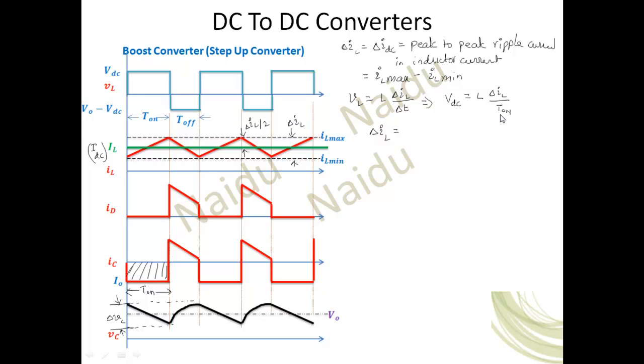T on, I told you that we can take it as D times T. So that's why you can say that it is VDC into DT by L. This can also be taken as VDC into D by fL, because T is nothing but 1 by f. So this is what you need to remember.